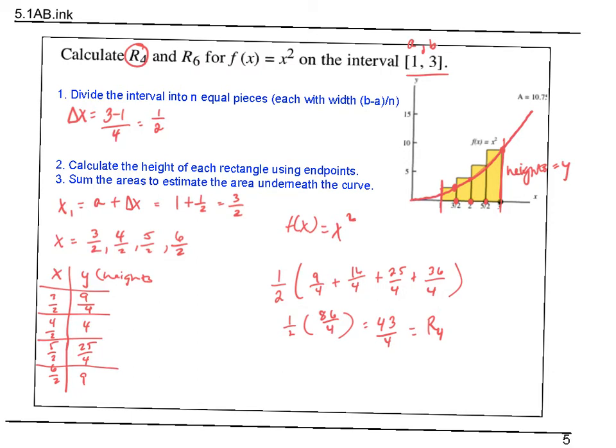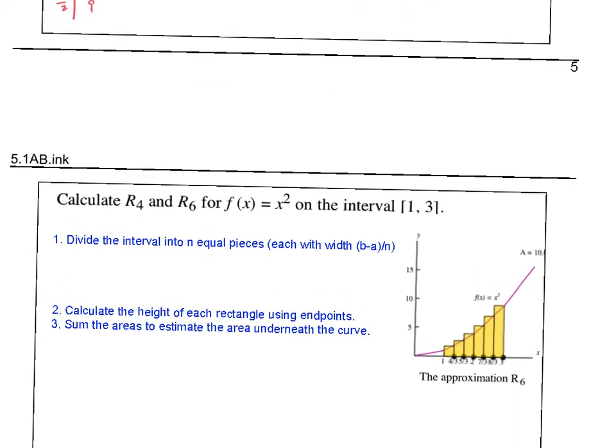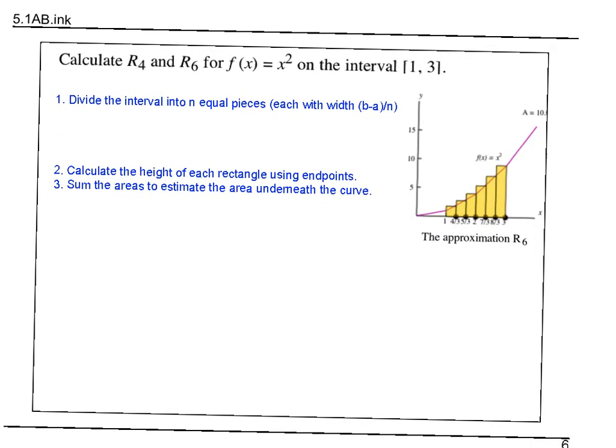Okay. So now let's do the same exact problem real quick doing R6. Okay. So with R6, our delta x does change. You can see the picture of the graph is a little bit different. The rectangles are skinnier. There are more of them. So now we do 3 minus 1 divided by 6 equals 2/6 or 1/3.